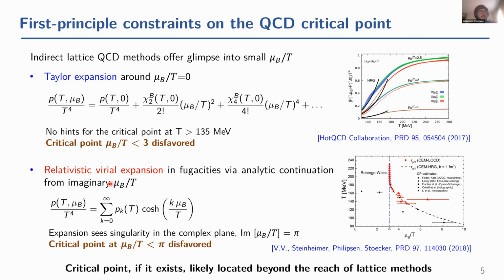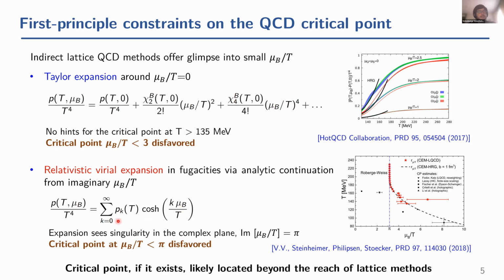And on the other hand, you can also consider a different kind of expansion, not Taylor expansion, but a so-called relativistic virial expansion, where instead of chemical potential, you expand in the so-called fugacities, or for a relativistic theory of QCD, the expansion is a series in hyperbolic cosines in chemical potential.